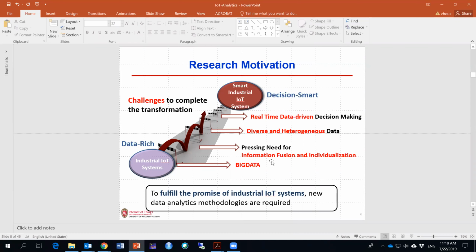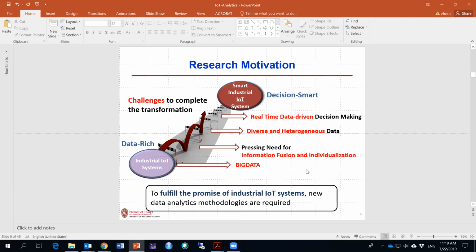And the second challenge is that we have a pressing need for information fusion and individualization. So one characteristic of those IoT data is that we collect the data from a large number of similar devices. So this creates opportunity. We can learn from each other. We can learn from other devices' data and help the decision making for the current device under study.